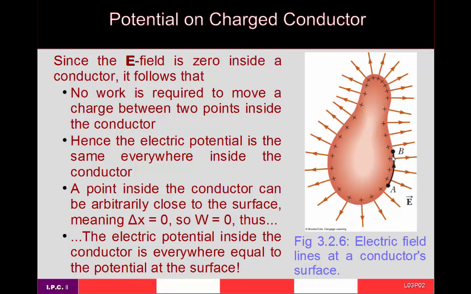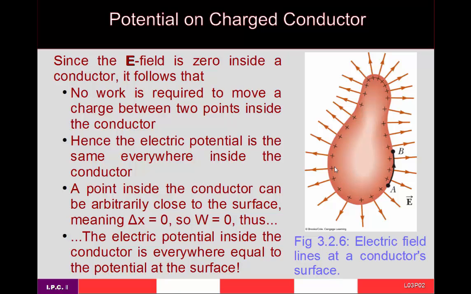And we also know that no work is needed to move from one point somewhere inside the conductor to some other point inside the conductor. So the question is, how do we know that inside is at the exact same potential as the surface itself, which is sort of the boundary between inside and outside?